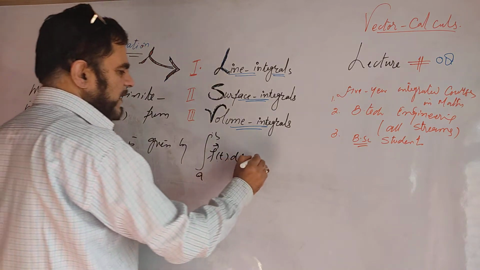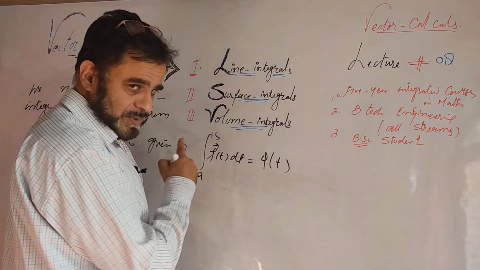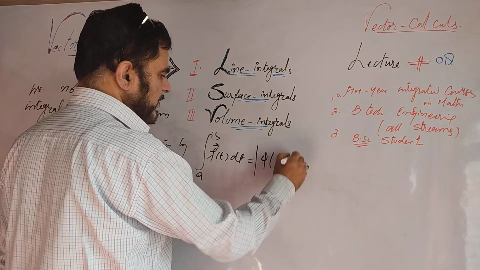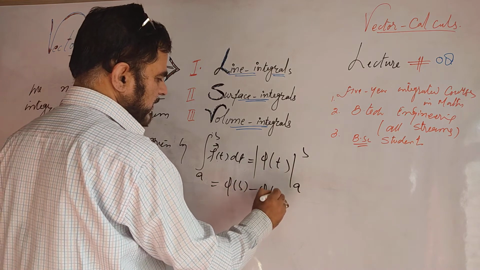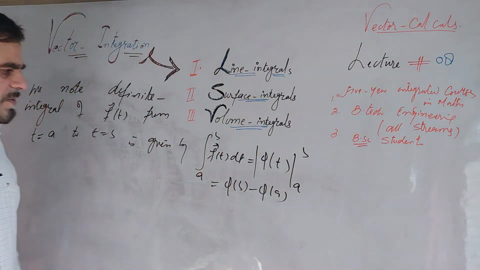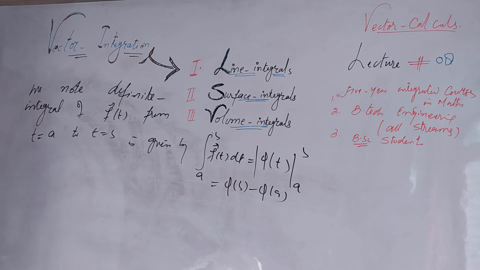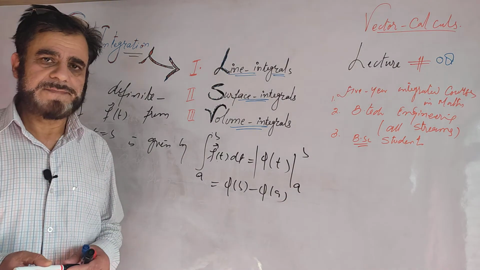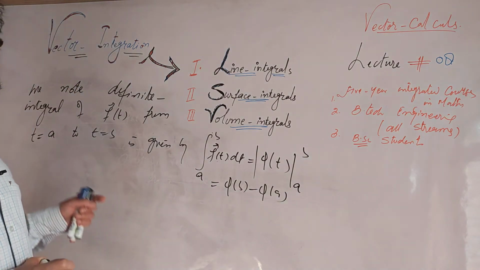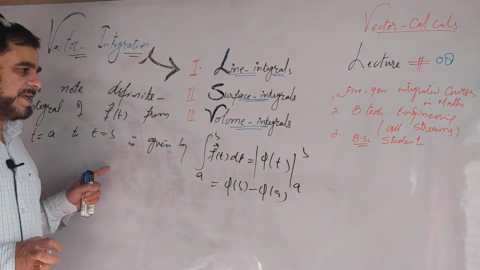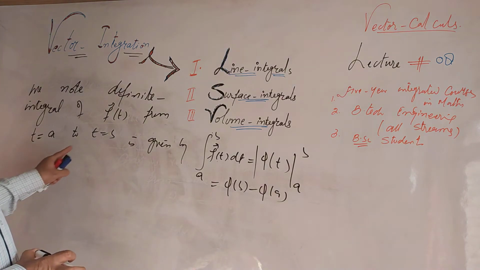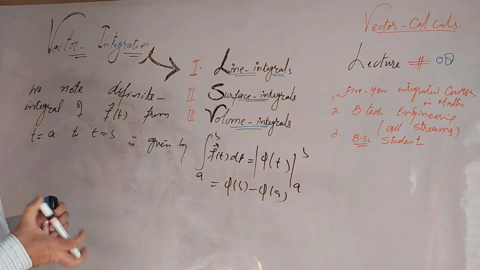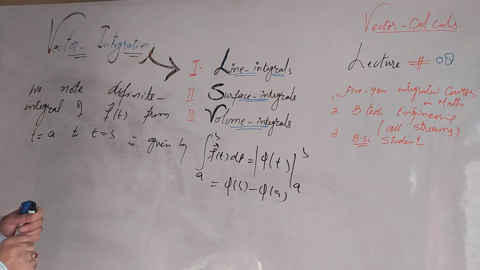If its integral is phi of t, as you assumed previously, it will be evaluated from a to b. This is phi of b minus phi of a. So in this case also, in the case of a definite integral, we don't add the constant of integration, the constant vector. In case of a definite integral, we don't have the constant of integration, as you know.